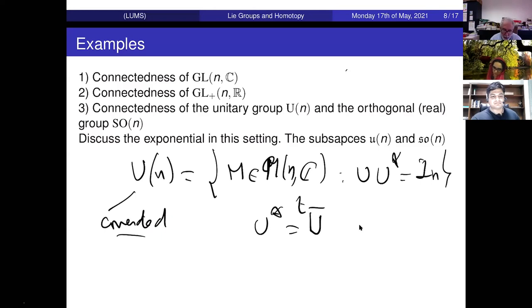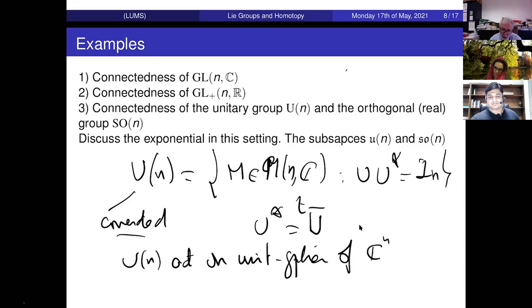How? We make UN act on the unit sphere of Cn with respect to the Hermitian product. Okay, we have a product here which is the usual Hermitian product on Cn, and UN conserves the norm associated with this Hermitian product, and we have here again something like this: UN over UN minus 1 is homeomorphic.